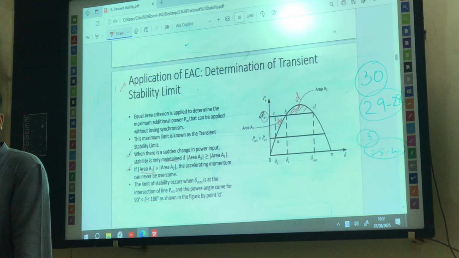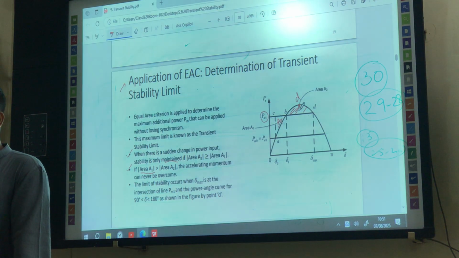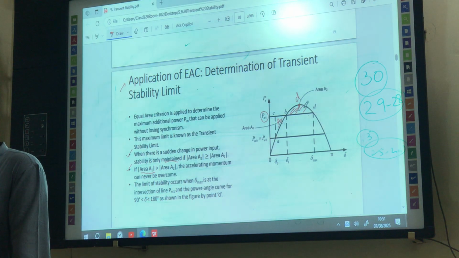Sir, shouldn't it at least be close to equal? Like if the deceleration is higher, the deceleration phase. Yes, sir. We are just saying that it should be at least equal or higher than area A1. But according to the ESC method, we will obviously take the equal area.